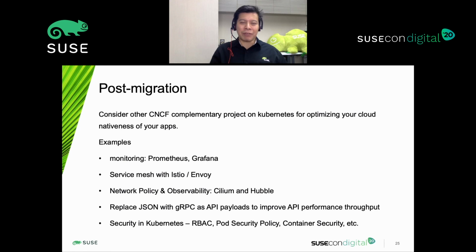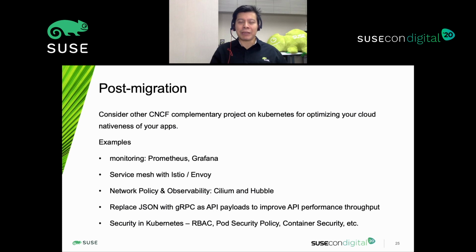And likewise, for security concern on pod-to-pod communication, you can also leverage Cilium, which is one of the CNI container networking interface projects that the SUSE CaaS platform has adopted. So Cilium can let you define the network policy to govern the pod-to-pod communication.